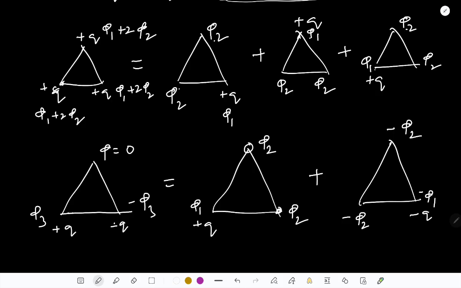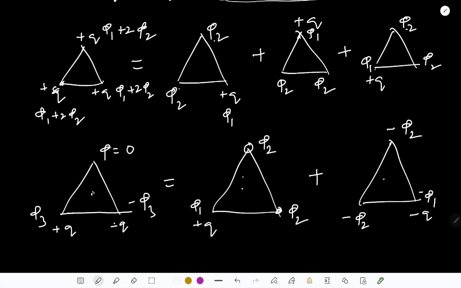So they are all in agreement. And you can see that the superposition of these two configurations is equal to this configuration of charges.